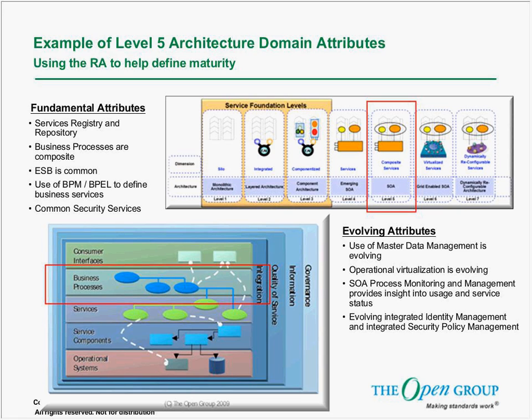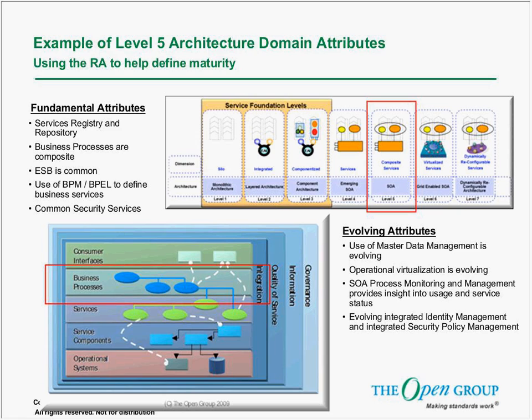Fundamental attributes of composite services are that we're using some sort of registry and repository to enable the management, the governance, the reuse, the visibility of services themselves. And basing the implementation of our services on some sort of business process language, right?